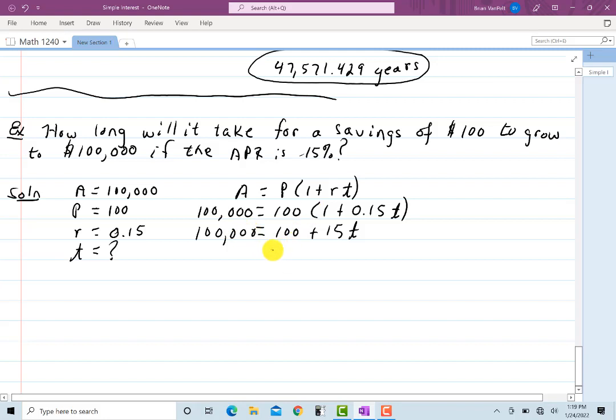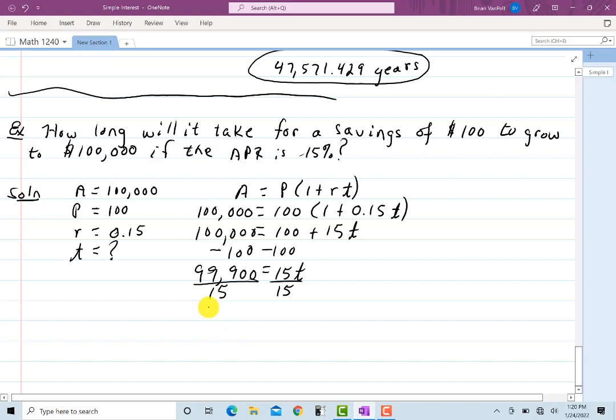Subtract 100 as before. We'll get 99,900 equals 15t, and as before, I will divide by 15.